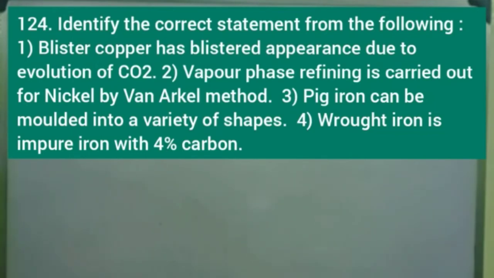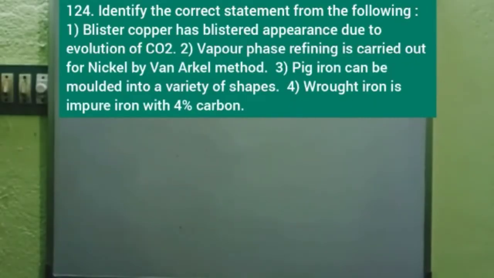Pig iron can be molded into a variety of shapes. Option number 4. Rod iron is impure iron with 4% carbon. As you know, rod iron contains 4% carbon and many other impurities like sulfur, phosphorus, silicon, manganese in trace amounts. Therefore, the right option is option number 4 here.